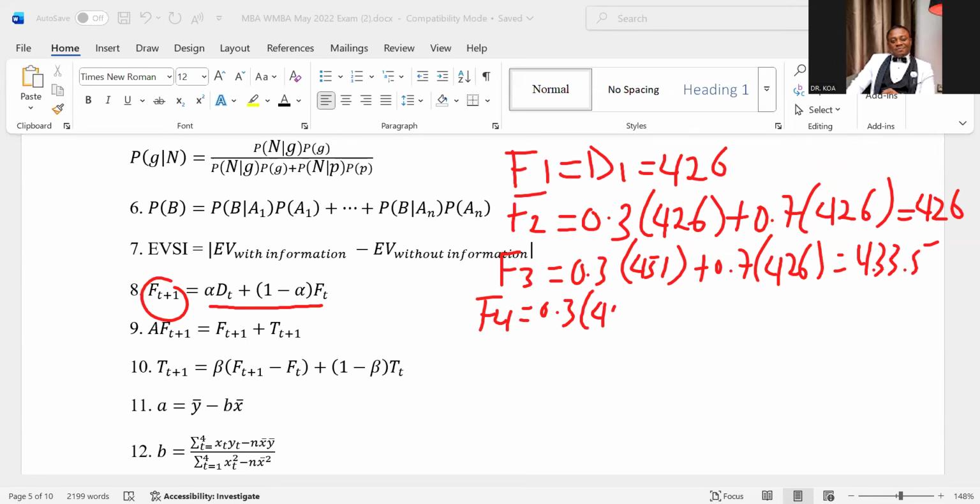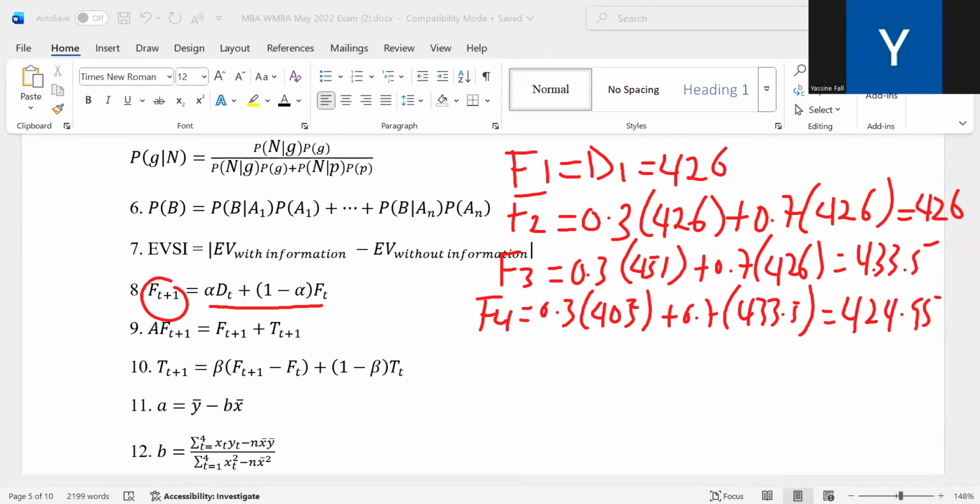For year 3, 405. Then plus 0.7 into bracket the forecast for F3, which we just had, which is 433.5. When you do that, what do you get? 424.95. Very good. If you do these petty things, you will learn it here today. You will not have to learn it again. When you get into the exam room, all the ideas will come.